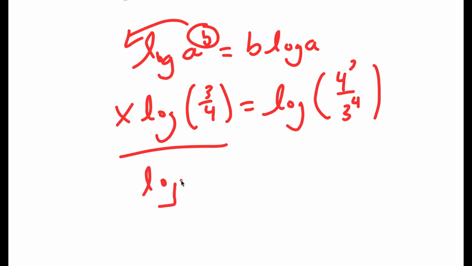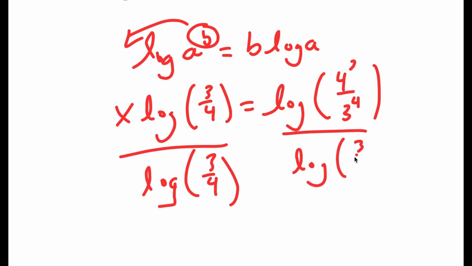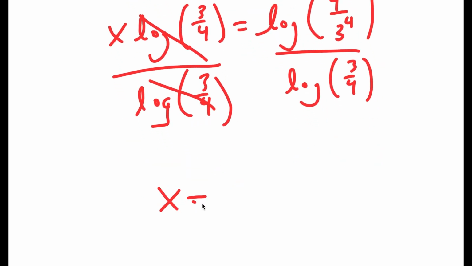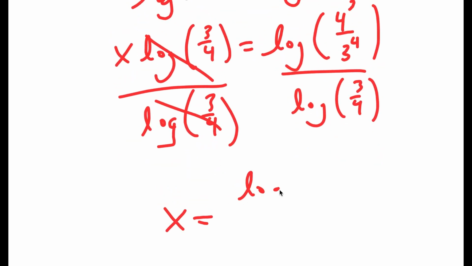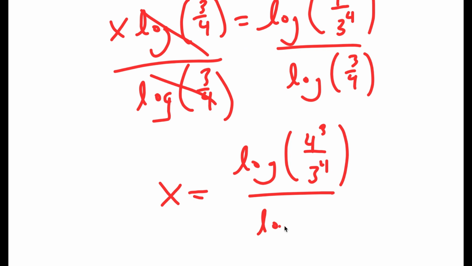Now I'm going to divide both sides by log 3 over 4. So these two cancel out, and I get x is equal to log 4 to the power of 3 over 3 to the power of 4 over log 3 over 4.